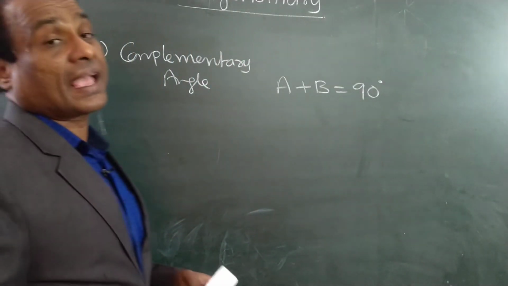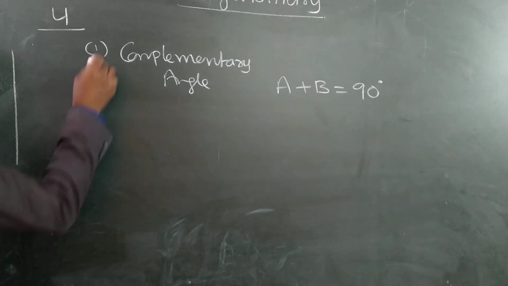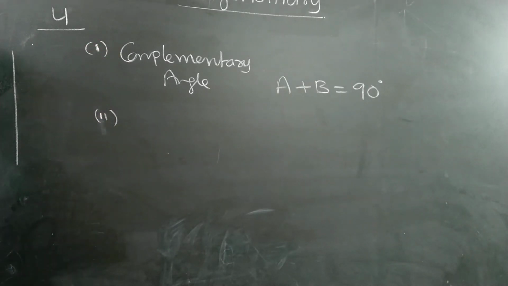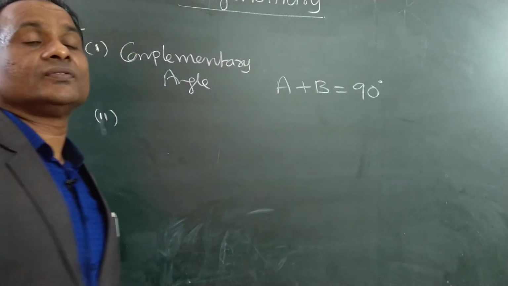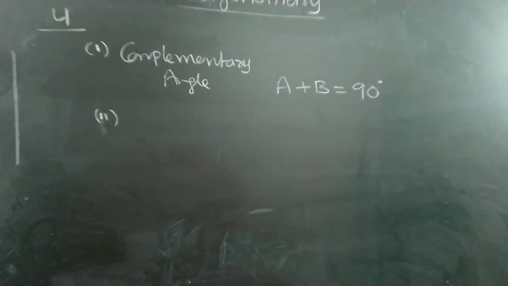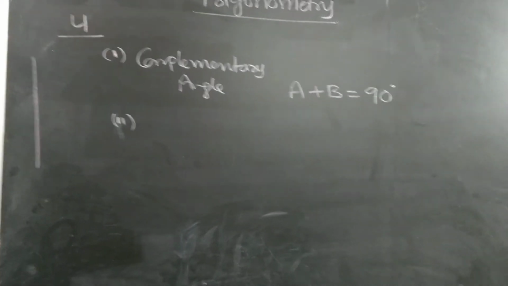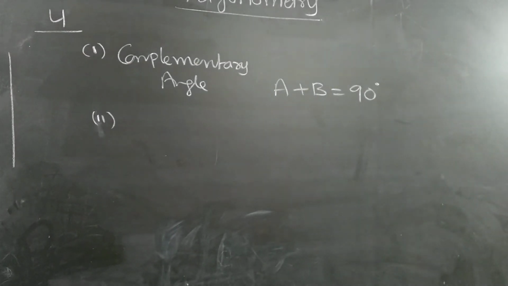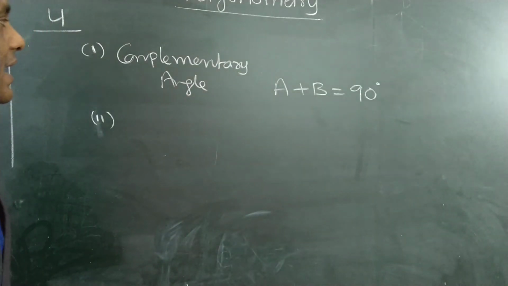If sum of two angles is 90 degrees, then they are called complementary angles.